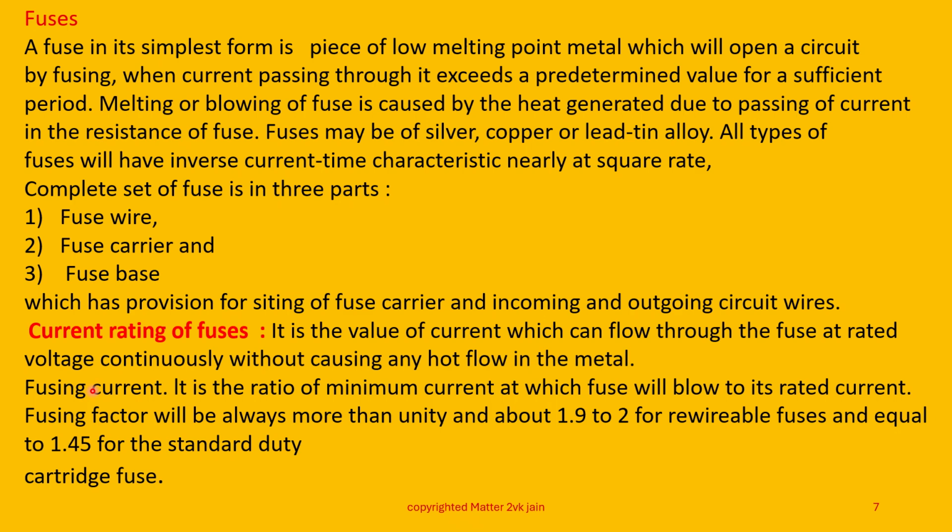Fusing current. It is also a ratio of minimum current at which fuse will blow to its rated current. Fusing factor will always be more than unity and about 1.9 to 2 for rewirable fuses and equal to 1.4 for the standard duty cartridge fuse.